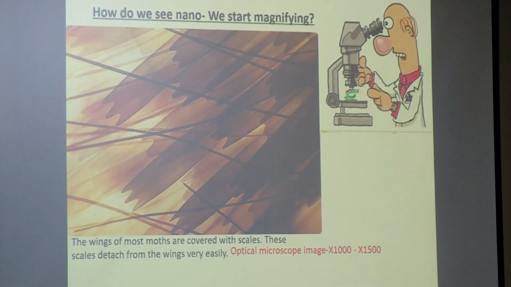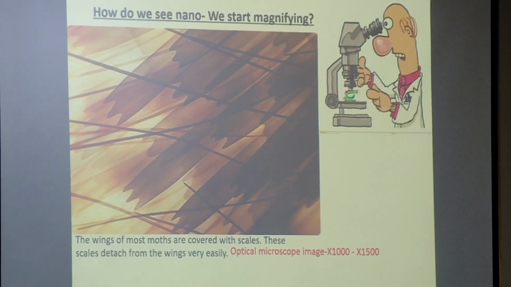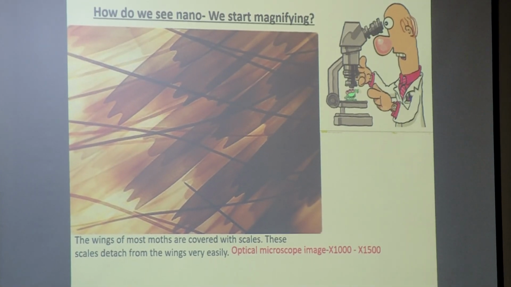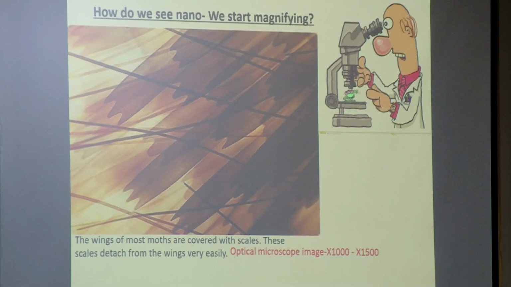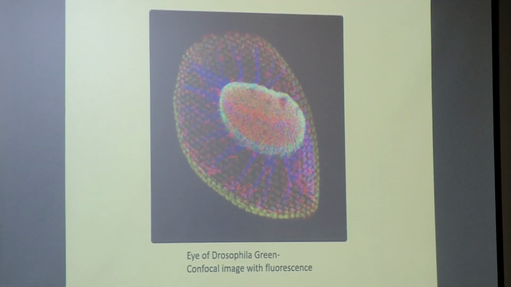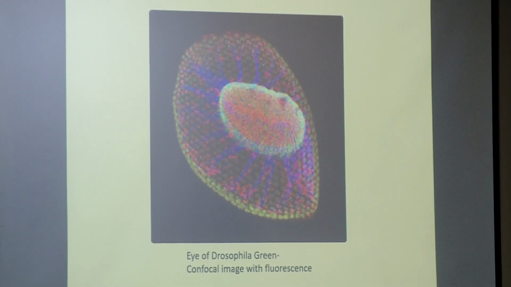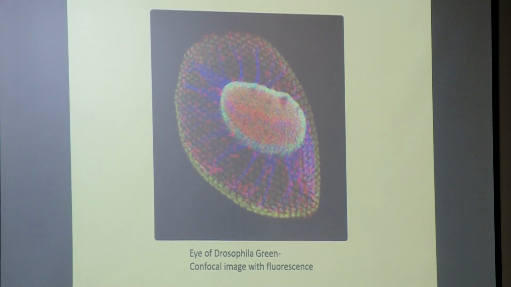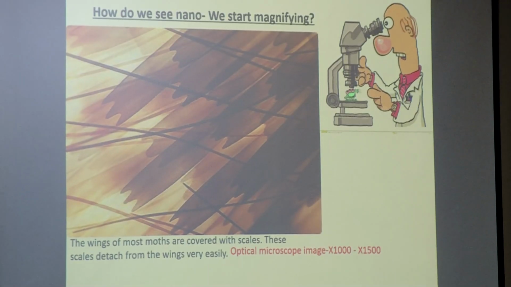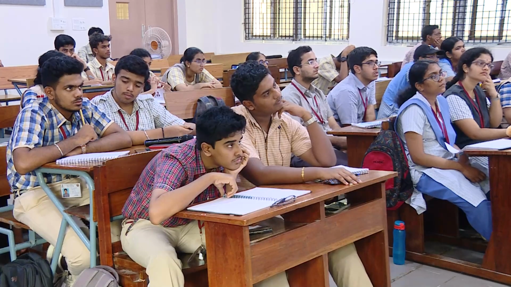Okay. So as I said earlier, many nanomaterials existed before. We could not see them. The initial optical microscope images could be magnified only 1000 to 1500 times. And then you can also now go to electron microscopes. So in the previous case, what is the probing mechanism in an optical microscope?